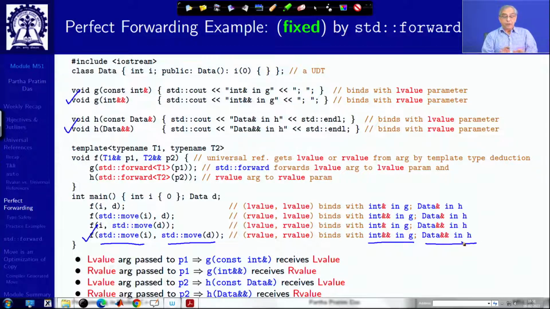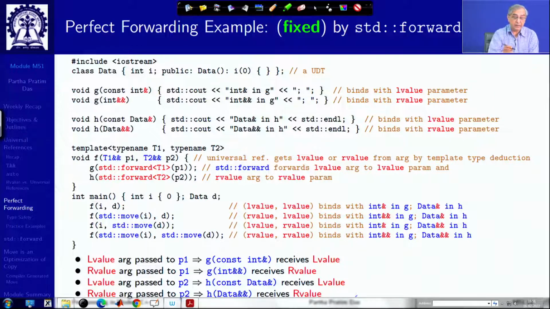So, by using std::forward, we are able to preserve the R-value, L-value-ness under the template type deduction and forward perfectly. That is the reason this is called a perfect forwarding solution. In summary, you get exactly the behavior that you had wanted.